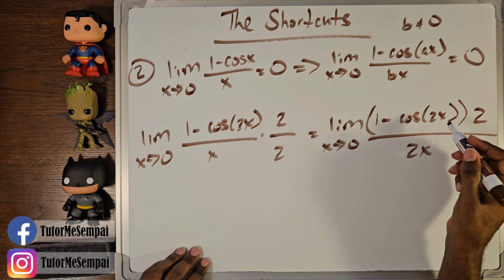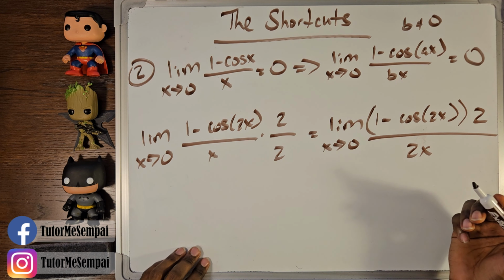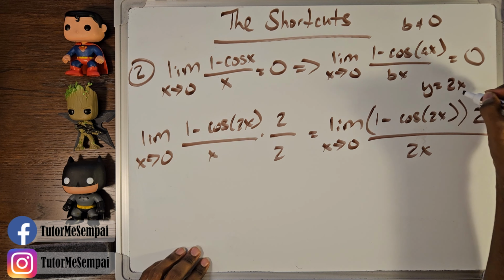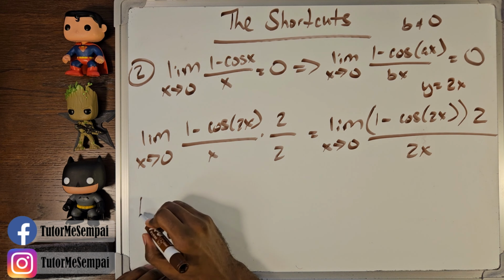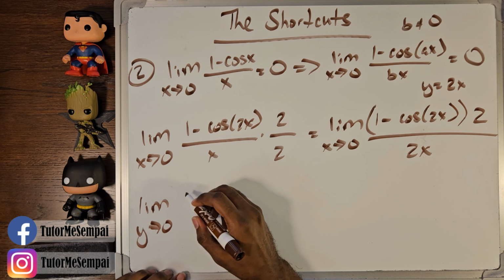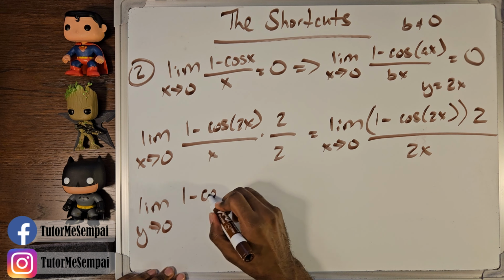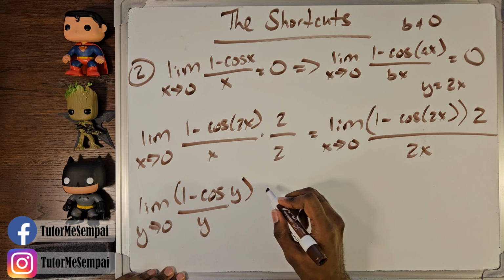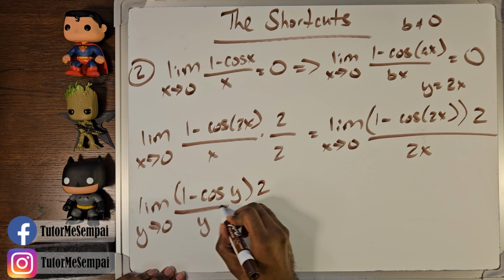Now we know that we can do the same substitution, right? Let's say that y equals 2x. Let's rewrite this. We have the limit, and we know that y is going to go to 0 now, of 1 minus cosine y over y, and this top is multiplied by 2.